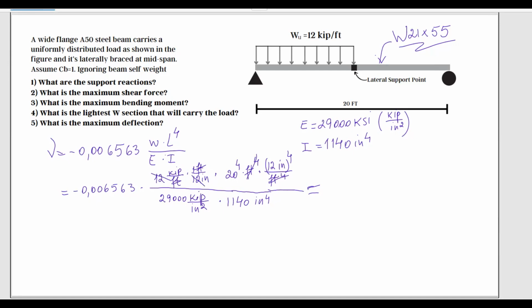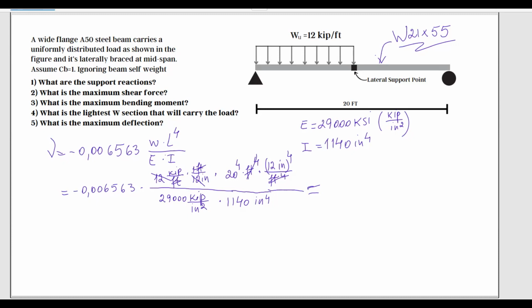Now here 20 power 4, and then we have 12 power 4 multiplied. And then we also multiply by this value over here, 0.006563 multiplied. Great. Now at the bottom, 29,000, 1140 multiplied, and then divide.